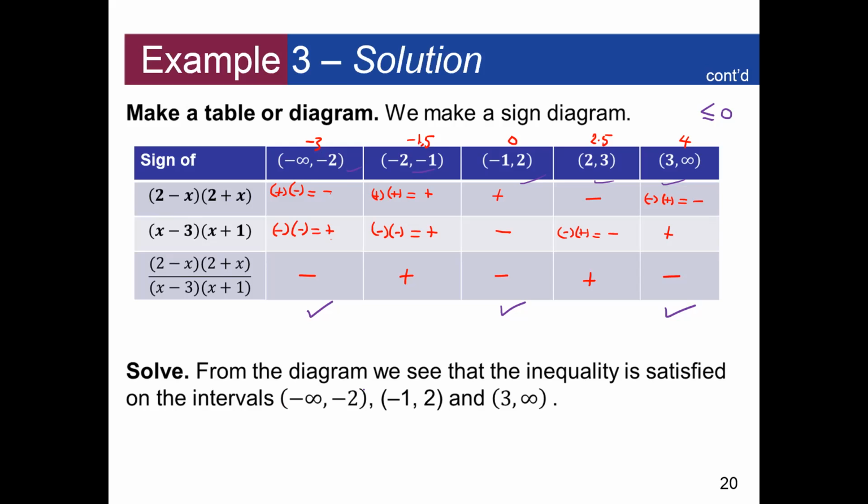Therefore, in this case, we will change this. The solution will have brackets on that, brackets on that, and then -1 is the zero from the denominator. So if you include -1, it will be 0 in the denominator, which is undefined. And then 3 again is from that factor, a zero from that. So therefore, it cannot be 3 either.